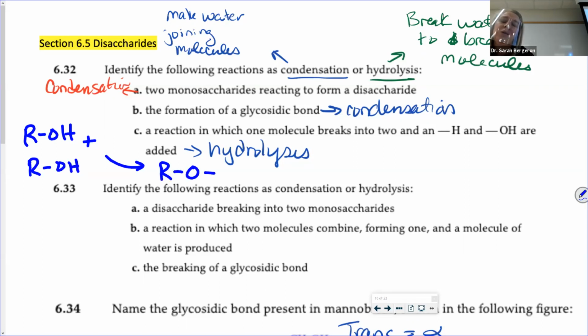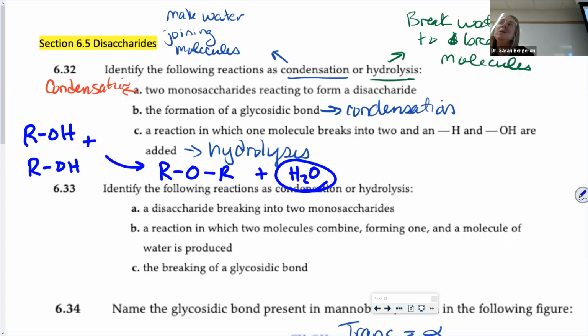R, O, R, and what else did we make? Water. What kind of a reaction was that? Careful. What did we make? We made water, so it's condensation. It's that water on the outside of your glass, that condensation, right?